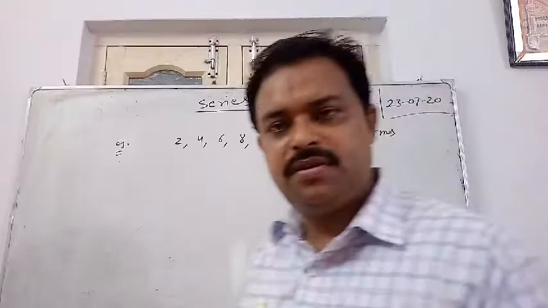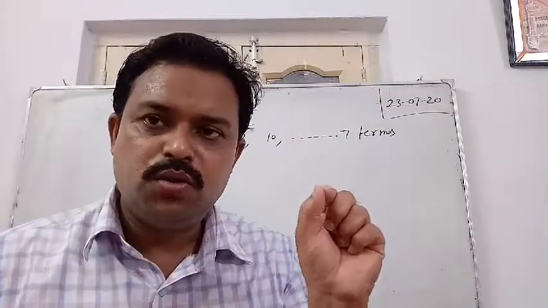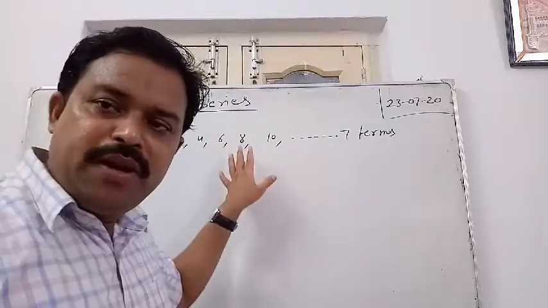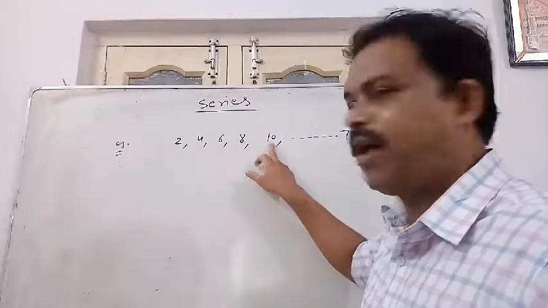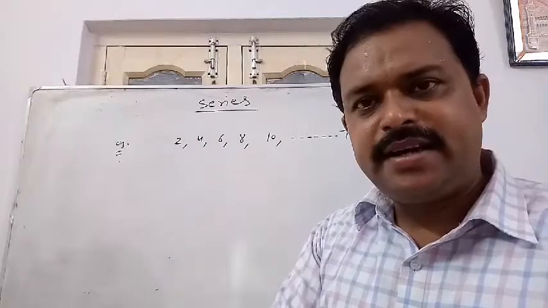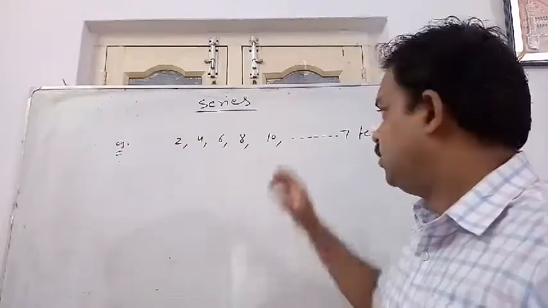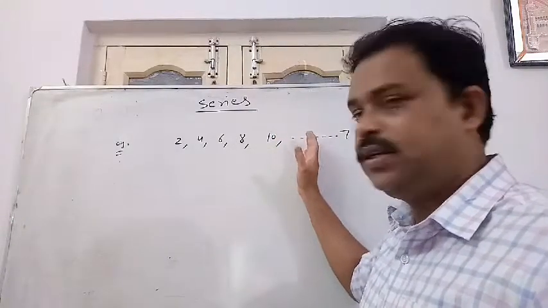So what does it mean? 7 values you are supposed to print. Till now how many values are there on the board? 1 2 3 4 5. 2 more terms you have to print, not less than that, not more than that. So after 10, of course I have to get 12.